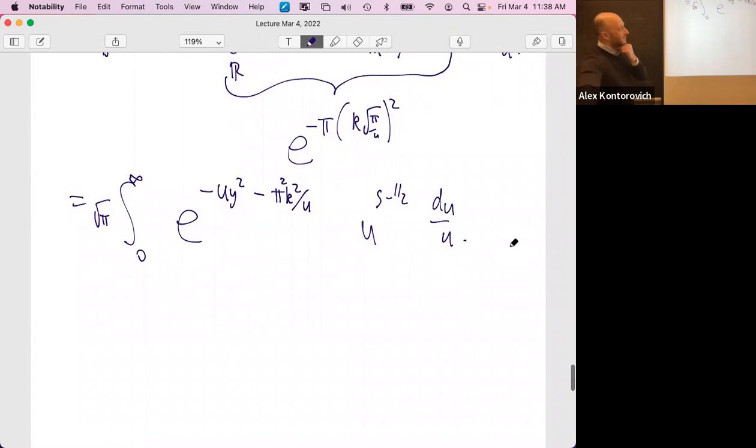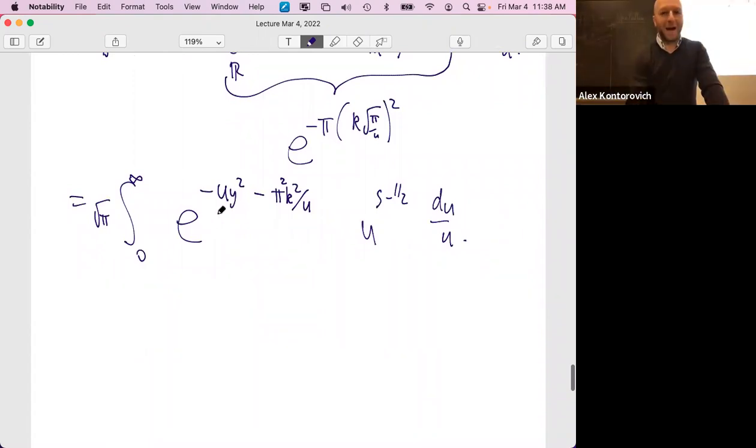Okay. Now all I want to do is balance. I have a u times something and a 1 over u times something. And I'd like those to be balanced. So I'm going to make a change of variables. u goes to u. I want to divide by y. And I want to multiply by a k pi.